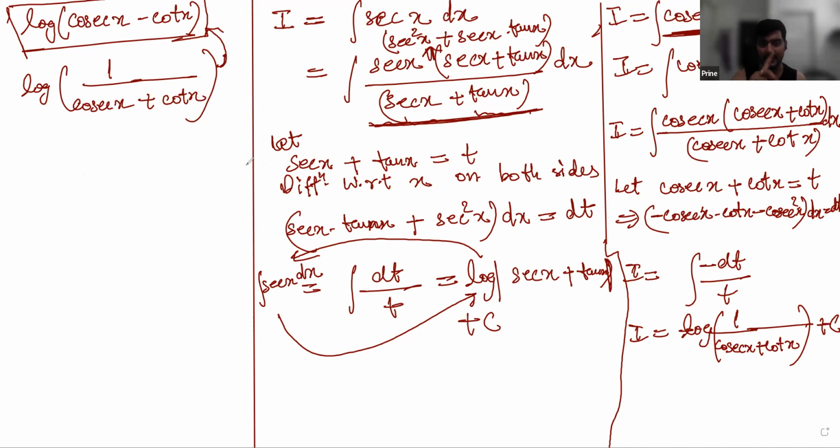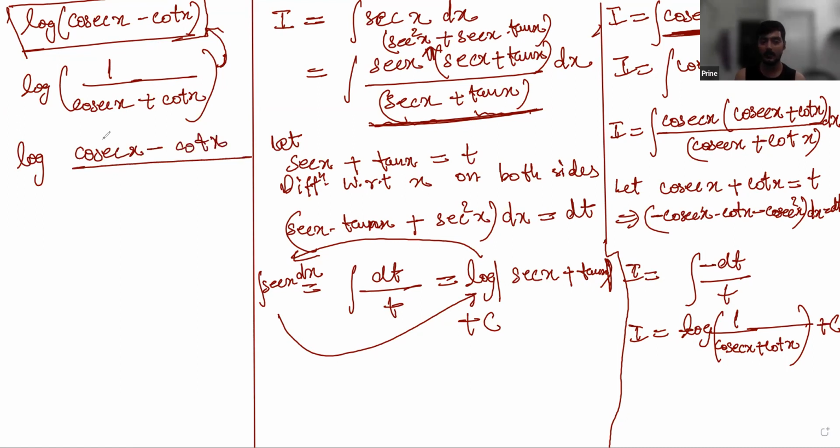Both answers are the same, we just can't see it yet. If your answer comes out different from the answer sheet, you have to convert this into this. How? You can multiply this expression by cosec x minus cot x in the numerator as well as the denominator.